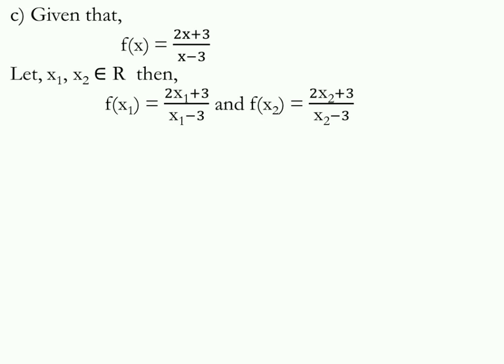If we take different values but find the same functional value, then it is not one-one. So as we have taken two different values x1 and x2, but we are taking f of x1 equal to f of x2, then let's see what comes. If it shows that x1 and x2 are equal, then it should be a one-one function.